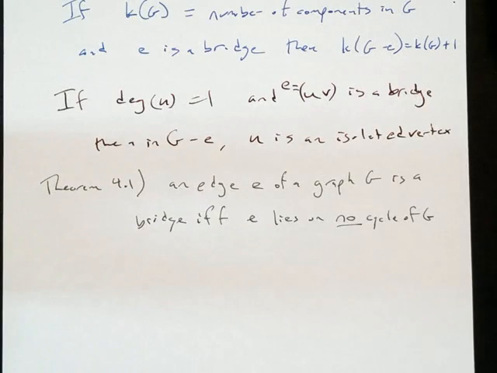An edge is a bridge if and only if it is never part of a cycle. Why? I've written it as a theorem. It should be provable.